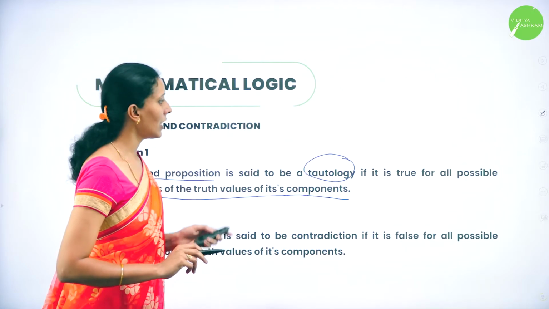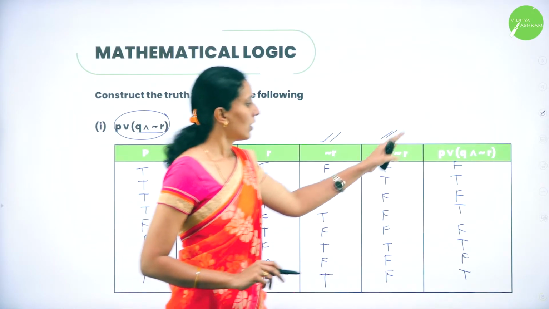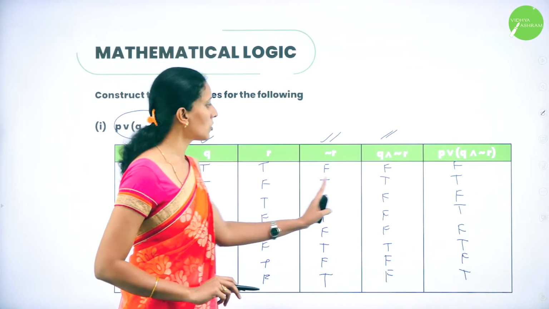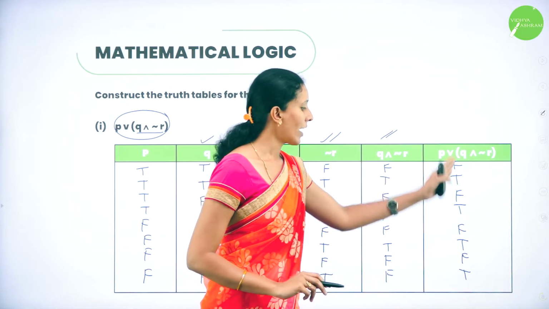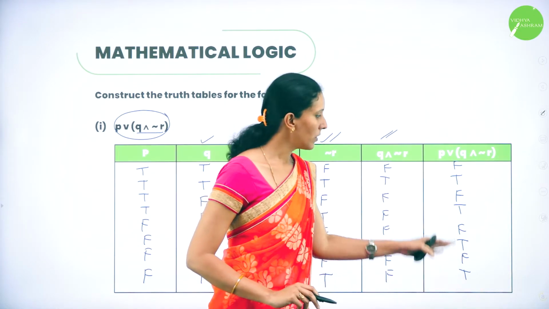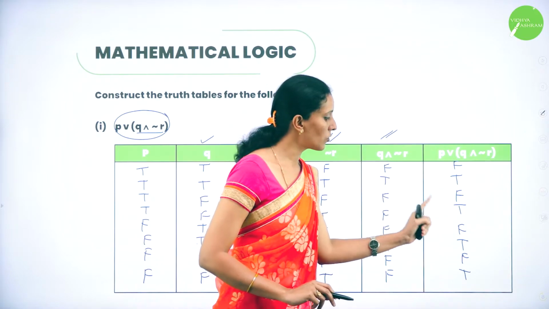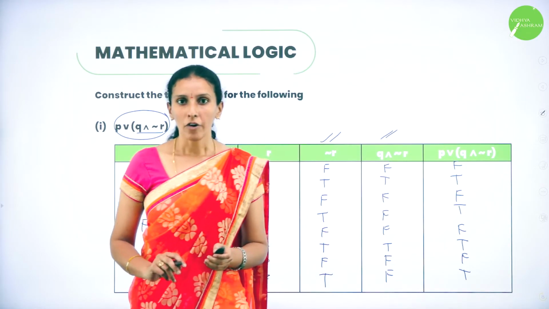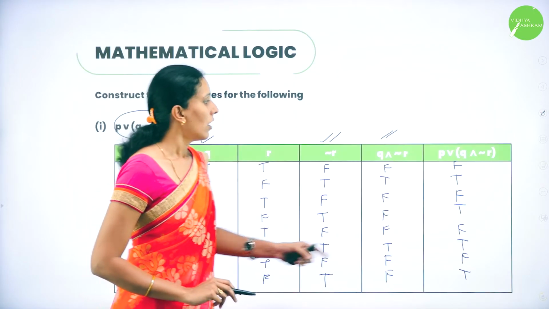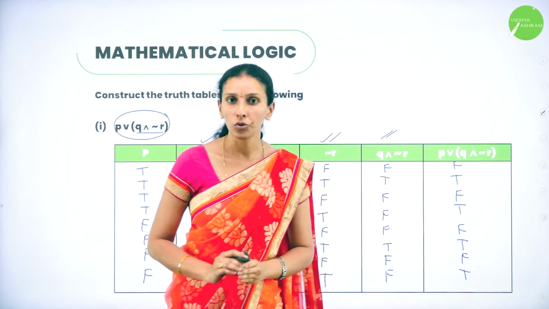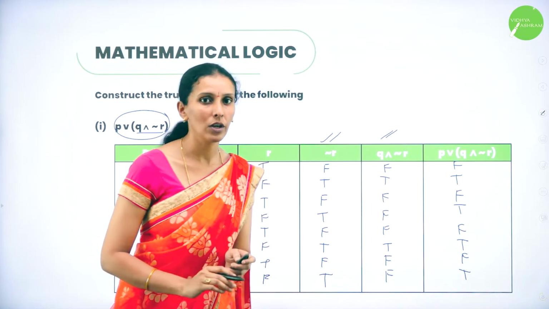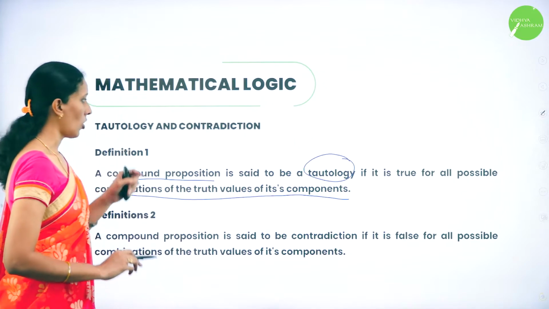So previously you can see here the combination of all the truth values. Finally in the last column you are getting false, true, false, true, false, true, false, true. For a tautology, the last column must be true for all values. Then only we say it is a tautology.